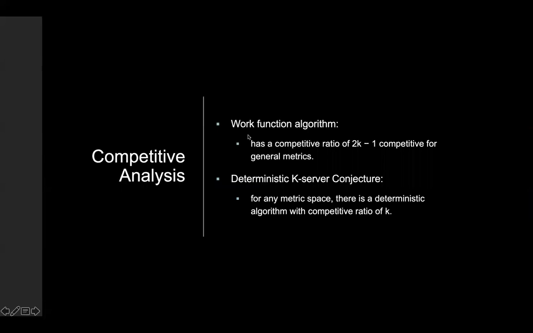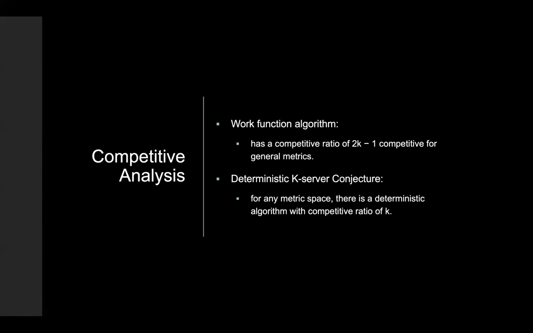Now, lastly, the work function algorithm has a competitive ratio of 2k minus 1 for any value of k and for any metric space. There is a conjecture for the k-server problem, more specifically for the deterministic k-server problem, which states that for any metric space, there is a deterministic algorithm with a competitive ratio of k.